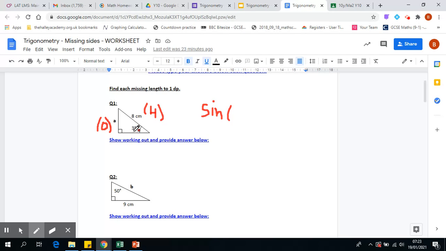The theta represents the angle, which is 35 degrees. Please make sure you put the brackets here, multiplied by the hypotenuse, which is 8. And this gives the correct answer in terms of finding out the opposite side, which is letter A.